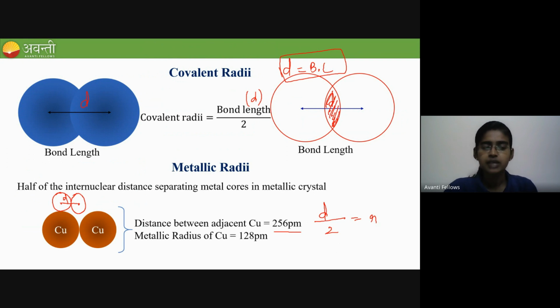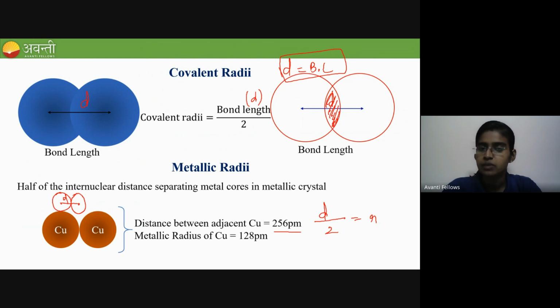Now compare covalent radii and metallic radii and tell me which value will be more. Covalent radius will be more or metallic radius will be more? Take the overlapping concept and try to answer.